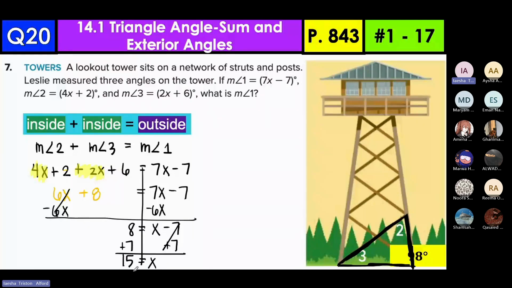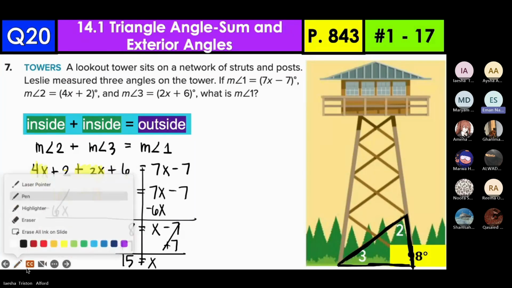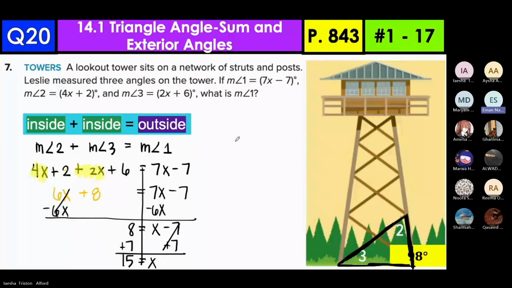What does the question ask you for? What is the measure of angle 1? The answer is 15. So we need the measure of angle 1. They want angle 1. So 7x subtract 7. Inside, I delete the x, x equals 15. So do not write x, write parentheses.